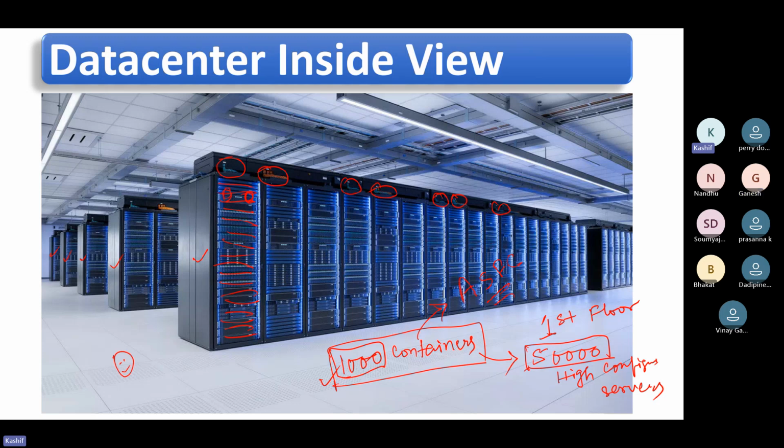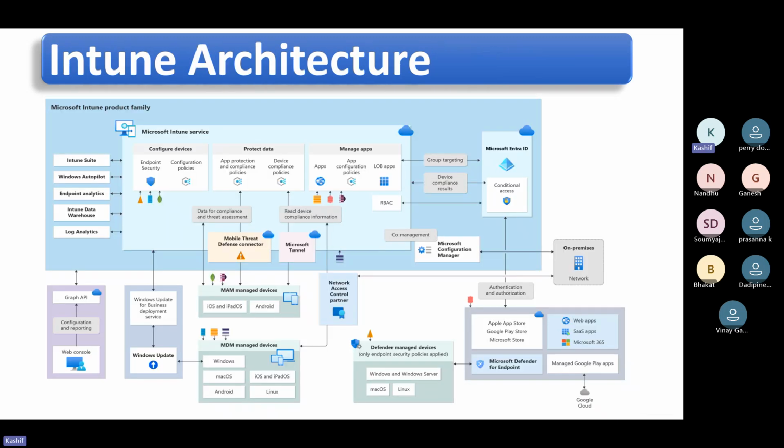So it is basically configured in a cluster. When the usage is big, Microsoft configures this in a cluster, like the Azure Service Fabric cluster. Inside that, Intune services are running. Now this is the actual architecture of the Intune services.